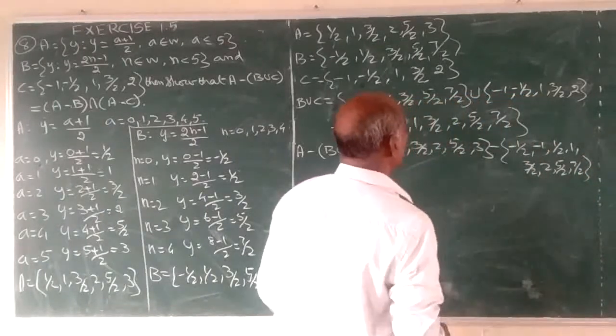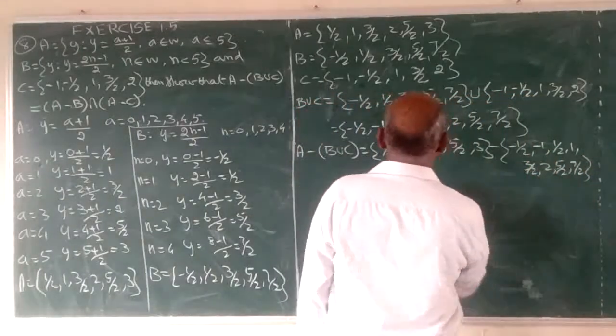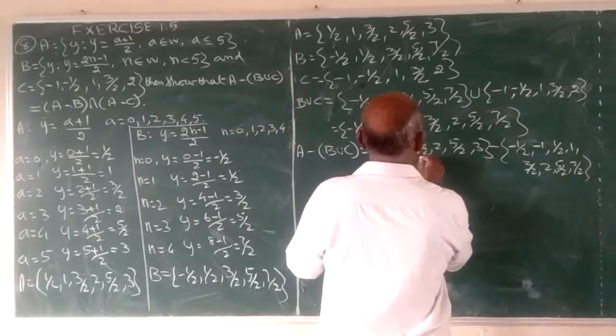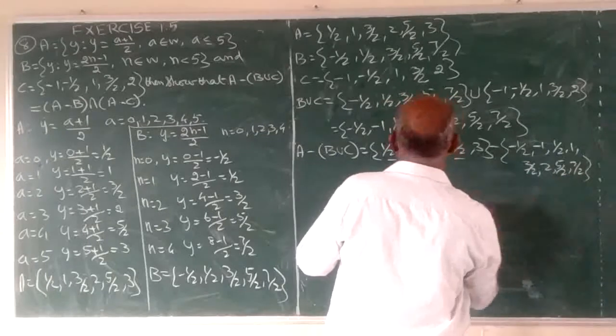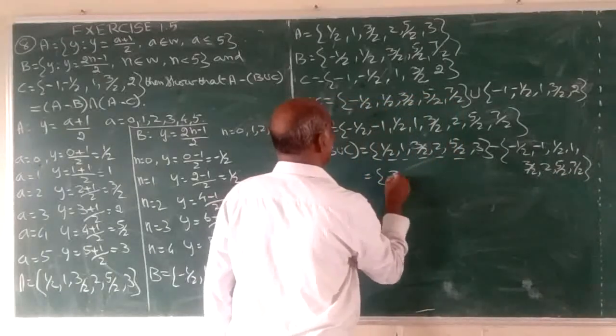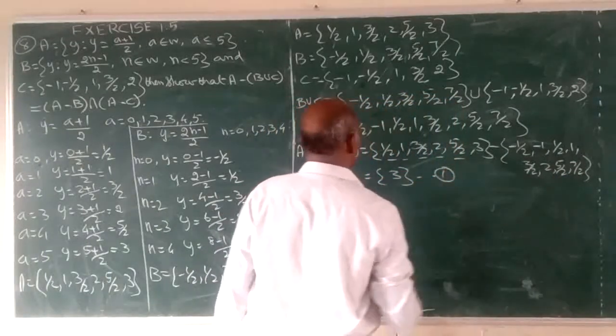Find the difference. 1 by 2 is there, 1 is there, 3 by 2 also there, 2 is there, 5 by 2 also there, 3 is not there. So the only element is 3. This is equation number 1.